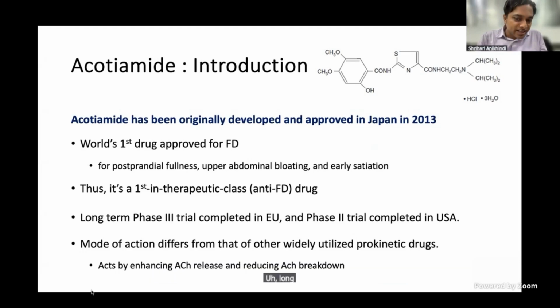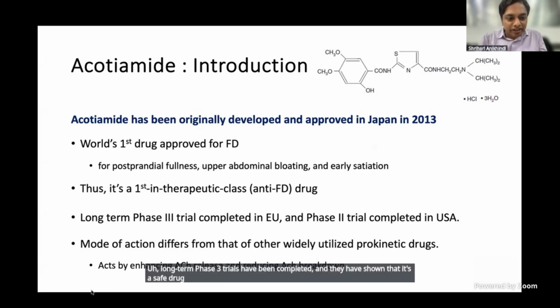Long-term phase 3 trials have been completed, and they have shown that it's a safe and effective drug. The mode of action of acotiamide is that it acts by enhancing the acetylcholine release at the neuroreceptor levels, and it also prevents the breakdown of acetylcholine by inhibiting the acetylcholinesterase enzyme.